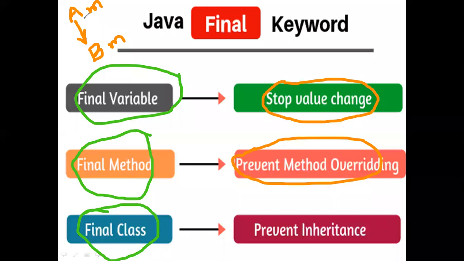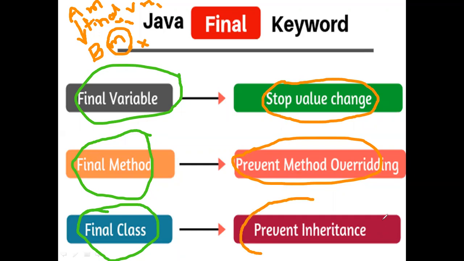If, while declaring the method in class A, I declare that method as final void M, and then I try to declare a method M in class B, the compiler is going to generate a compile time error, because the method M was already declared as final in class A, and we cannot override such a method.